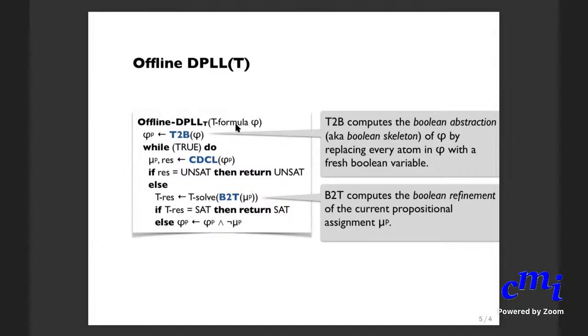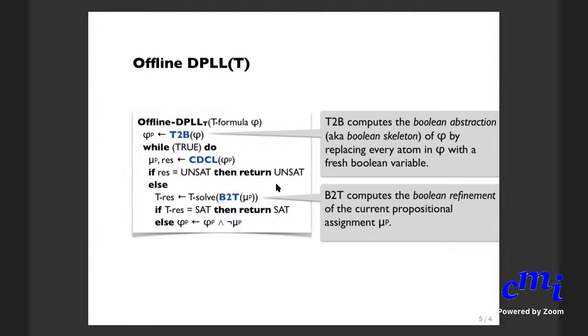And then you keep doing this until either you get a satisfying assignment for the SMT formula that satisfies both the Boolean structure and the theory constraints, or you exhaust all possible finite assignments for the Boolean skeleton formula, in which case you declare unsat and get out. Okay.